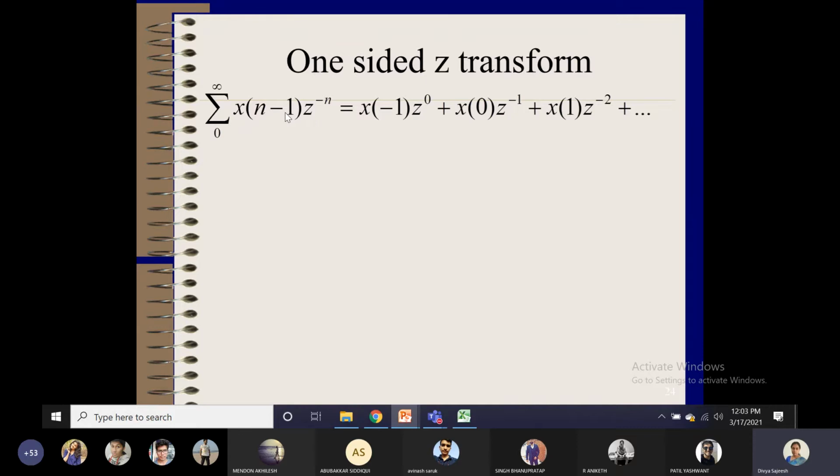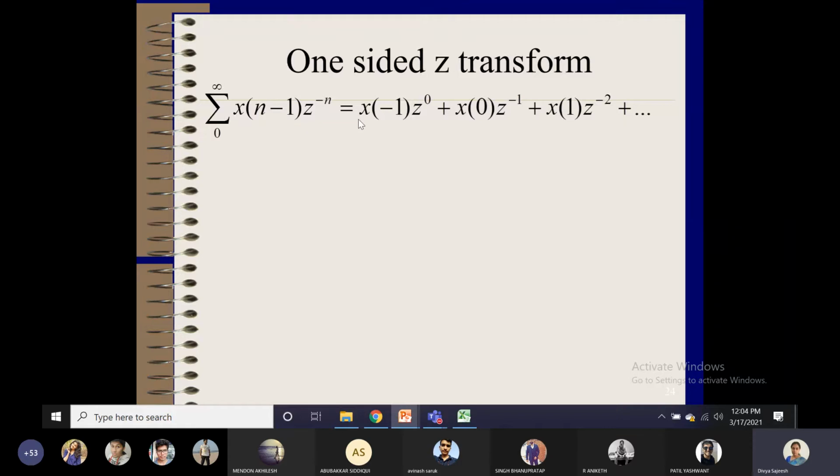Memorizing that general formula will be difficult. Rather, let us understand it by expanding it so that it will be easy for you to remember, because we require this for various shifted signals. So the sum from 0 to infinity of x of n minus 1 z raised to minus n. This is a shifted input, x of n minus 1.